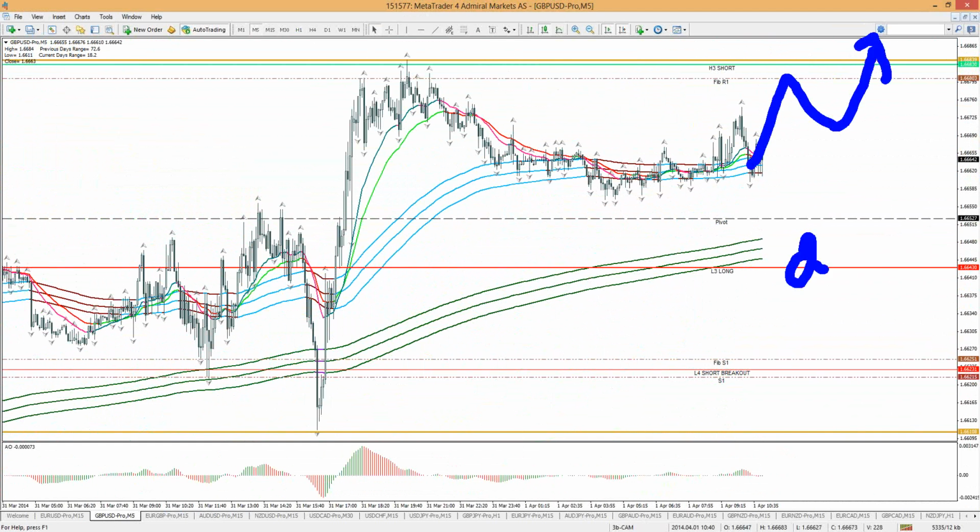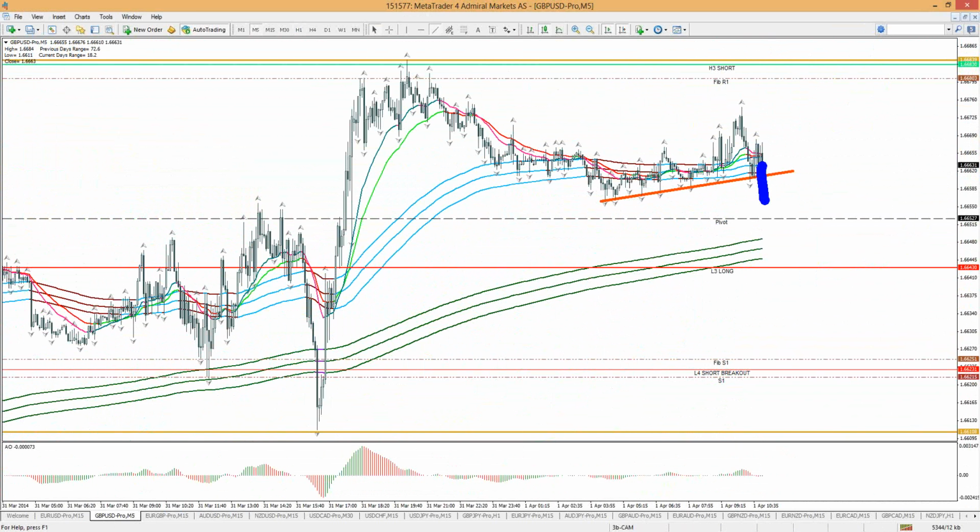It's not that exciting maybe, but there could be some potential if we break this support, break it, hook back. There could be a hook back level to take it to that L3, but we do have a pivot pretty close by.